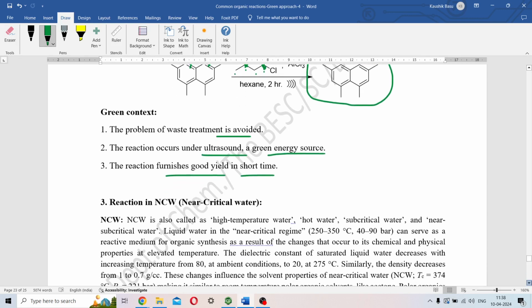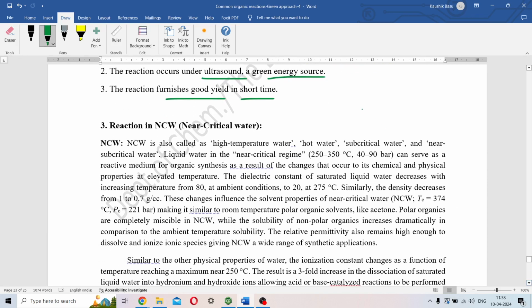The next section deals with something which is very fascinating, something known as near critical water, NCW. There are many synonyms of this NCW thing. Some people call it high temp water, some people call it hot water, because when you say hot water it doesn't make much sense, but you will see that this is something really different.